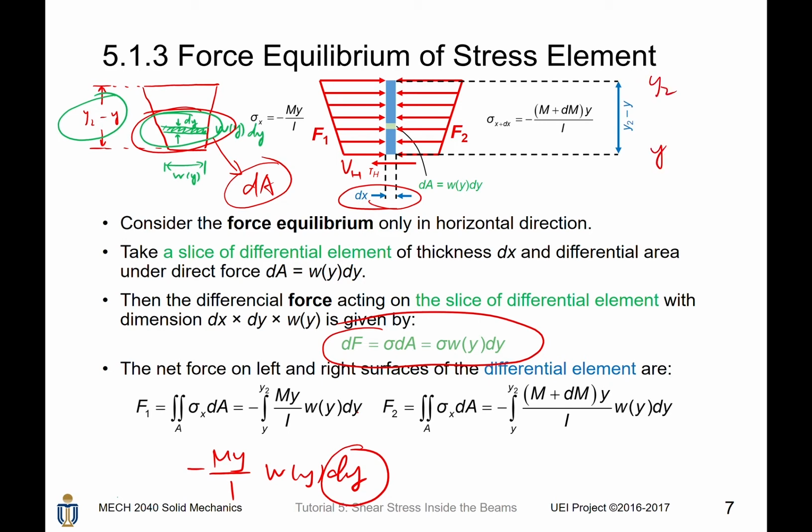Therefore, we just write the integral from y to y2 to get the net force on the left hand side caused by the bending, which is F1. Similarly, for F2, the stress given by bending is minus (M plus dM) y divided by I. dA equals w(y) dy. We integrate this from y to y2 to get the net force on the right hand side caused by the bending on this differential stress element.